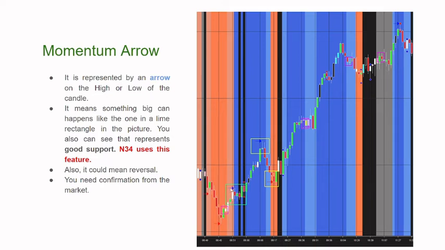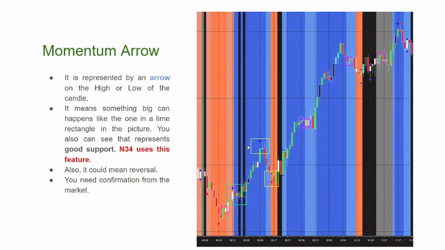I see this blue arrow and I say, be careful because the market can go and explode, like here. Or also, it means that the market finished the movement like this, with the down movement. So it's also a sign to be very, very careful.